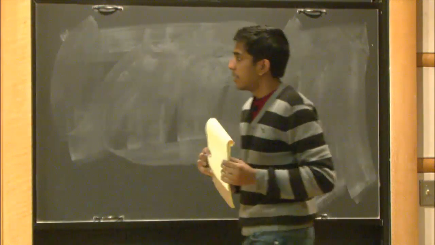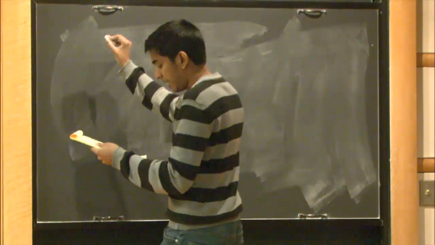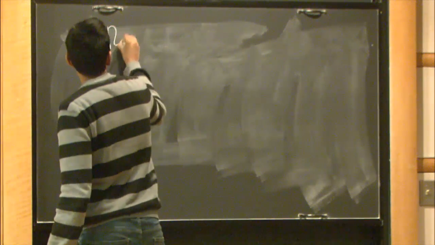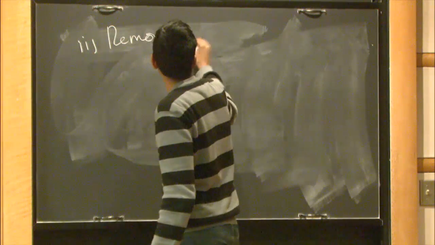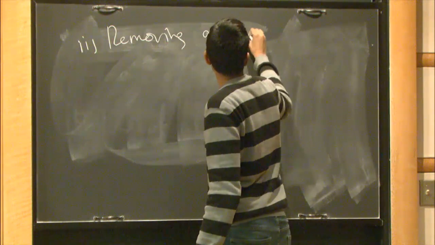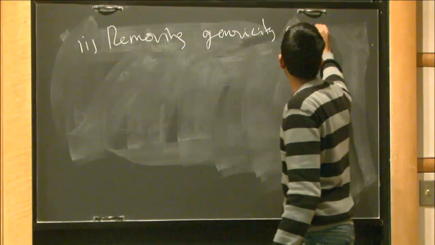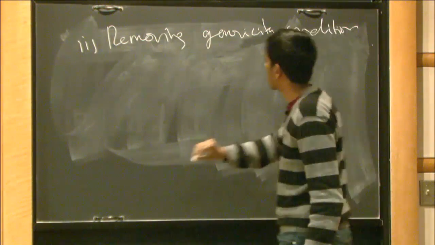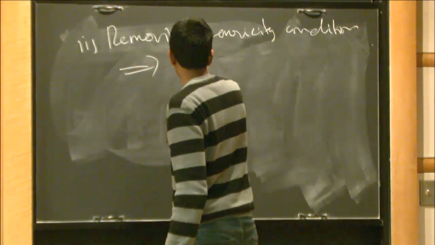If this could be done, then that's the same as relaxing the generality condition, and doing so would imply the whole conjecture.